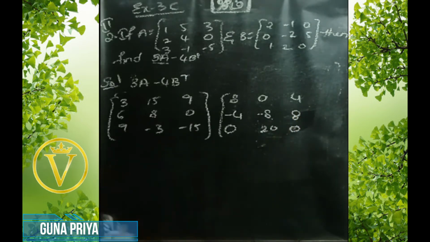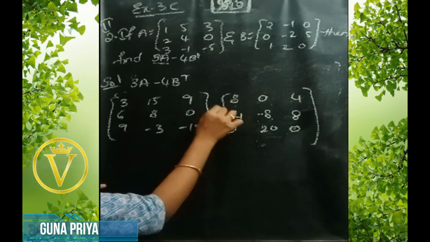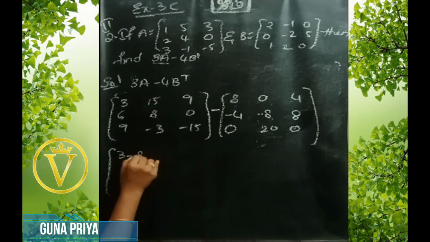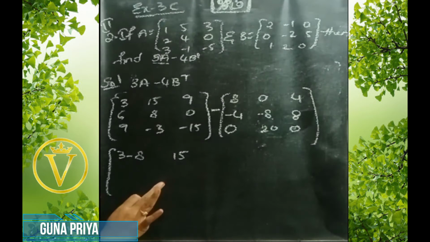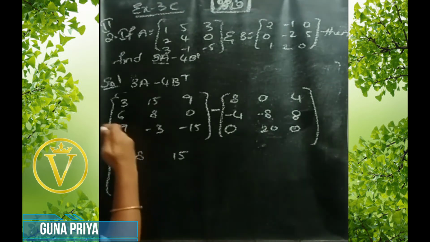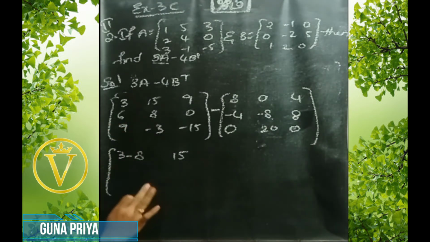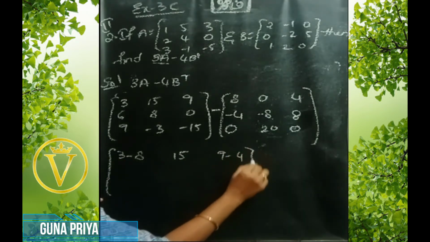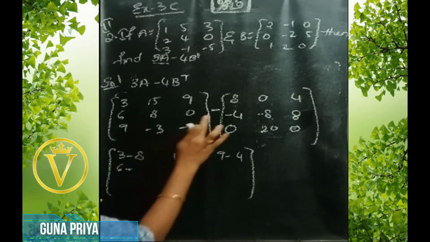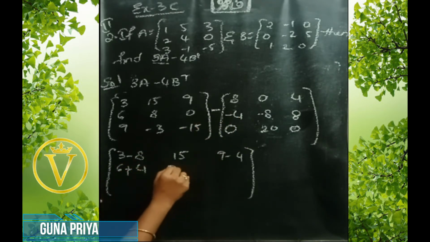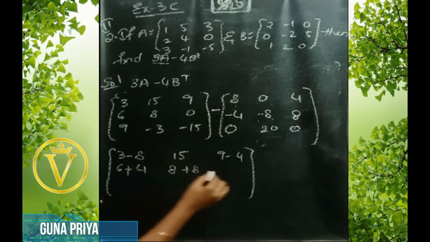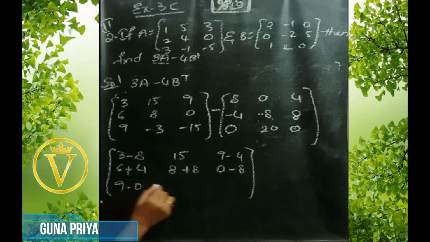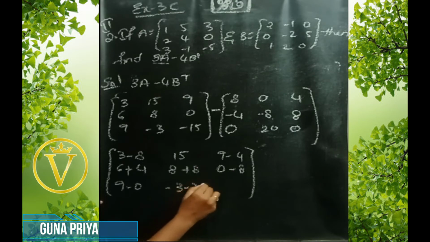Here minus is there. So 3 minus 8. Don't hurry, write step by step only. Here many students make mistakes, so write step by step. Minus into minus is plus, easy only, but we have to write with patience.